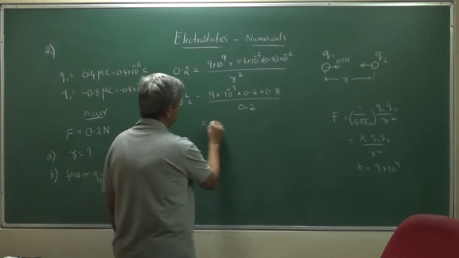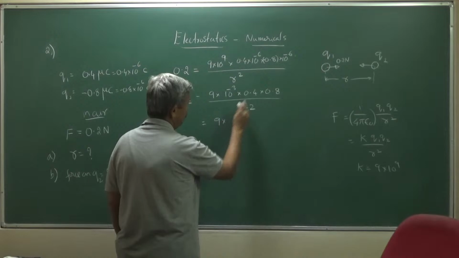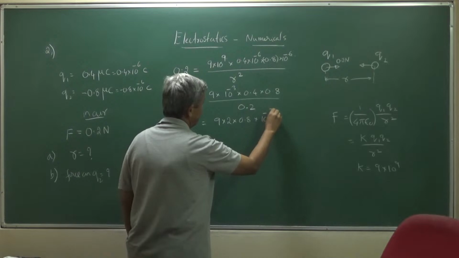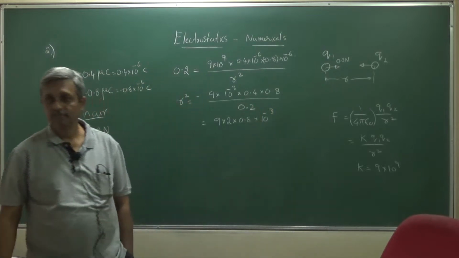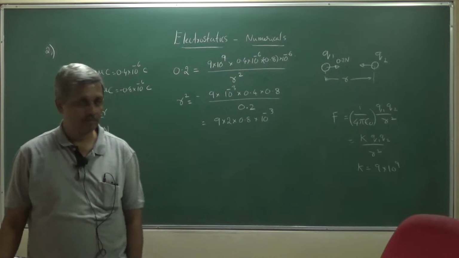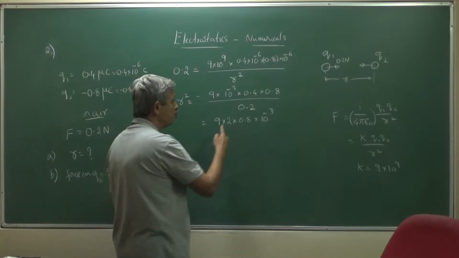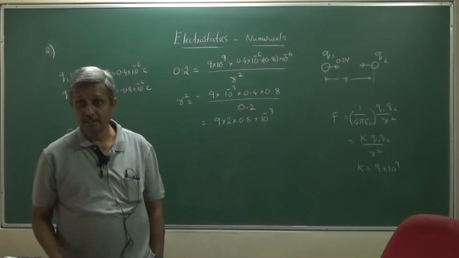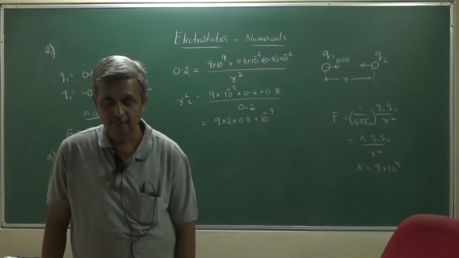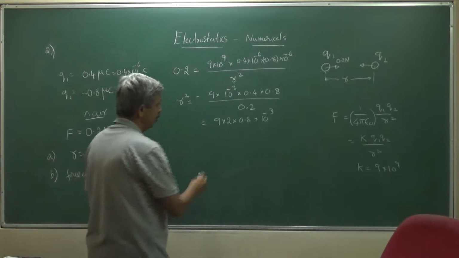So we'll write it as 9. What is 9 into 2? 18. Or 0.8 into 2, how much is it? 1.6, correct?